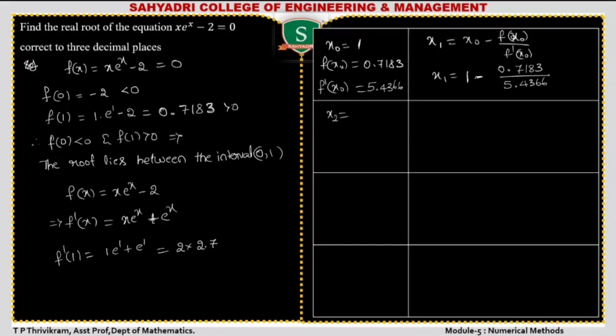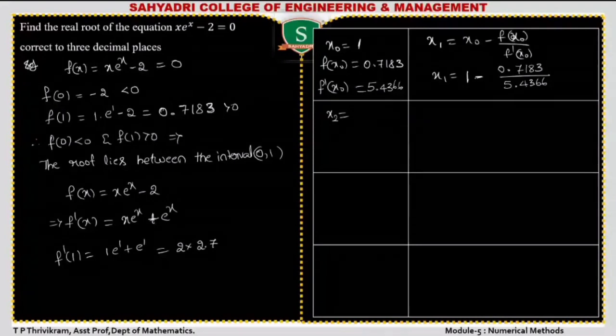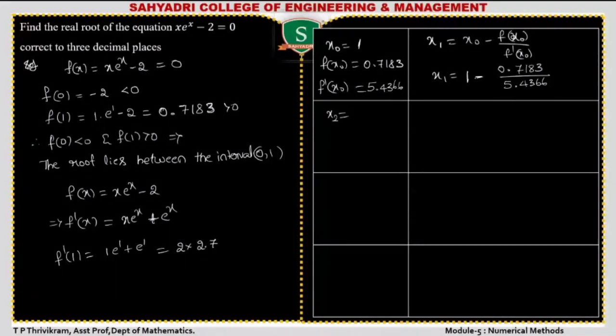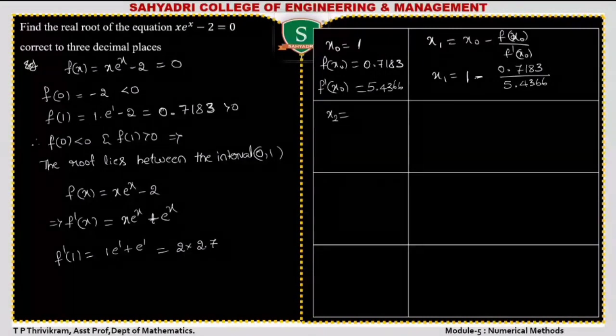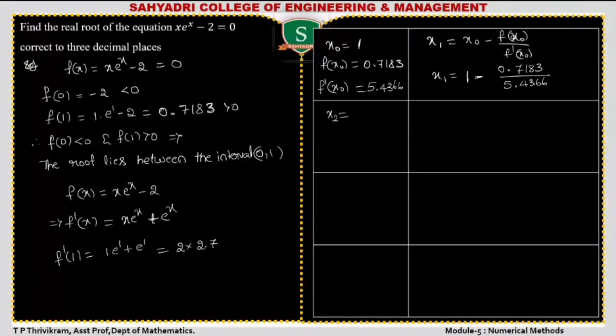x2 is 1 minus 0.7183 divided by 5.4366, which is 0.8679.